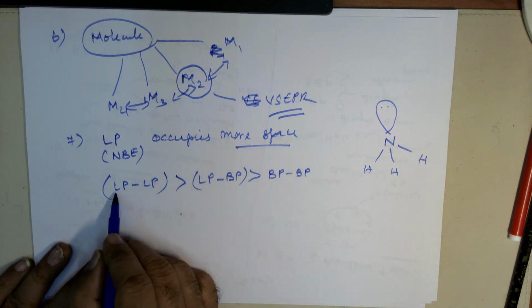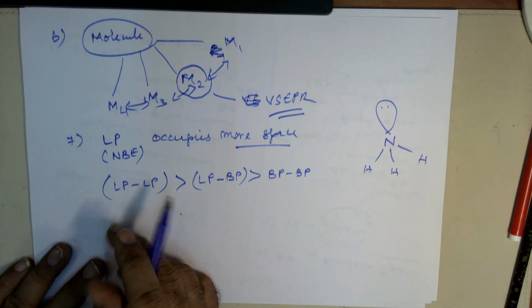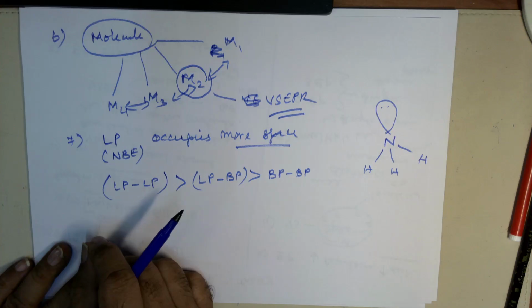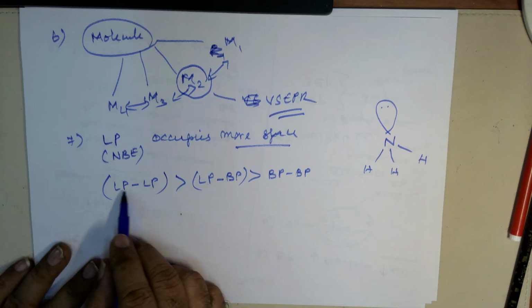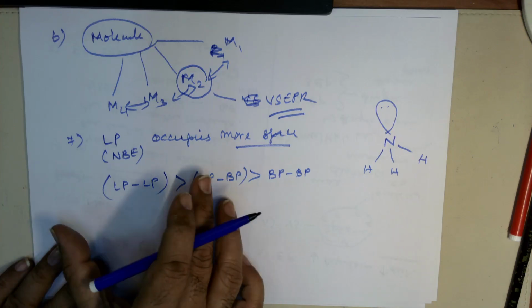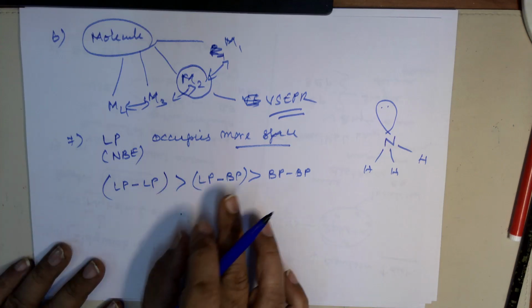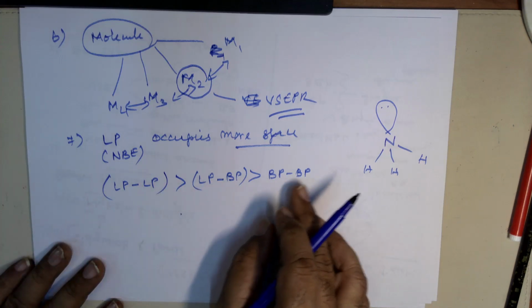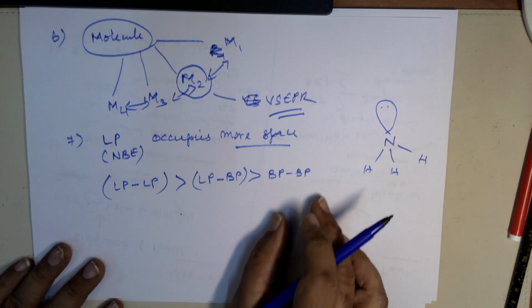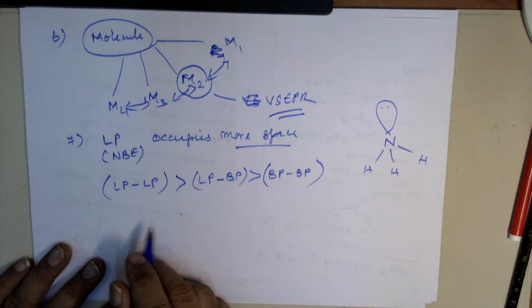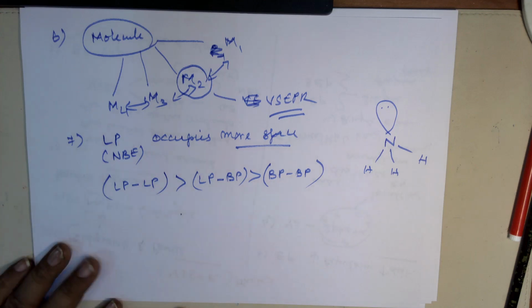So this is like an elephant. When you want to accommodate two elephants, will your room accommodate? Okay, right. So for lone pair-lone pair, the repulsion will be more. What about lone pair and BP? It is less, whereas BP to BP, bonding pair, is much less. So among these, which is very, very high? This one. Okay.